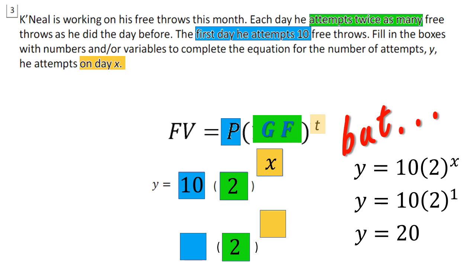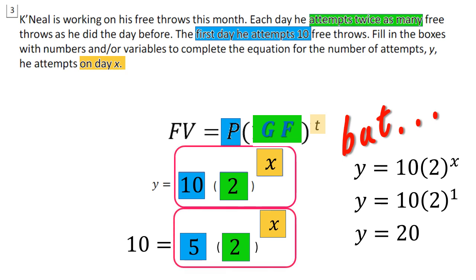What would that number have to be in order for it to be multiplied by 2 to the 1 and get 10? Well, that number would have to be 5. So I could make that 5 times 2 to the x power, and that would work for the first day, second day, and I don't have to worry about making a day 0.